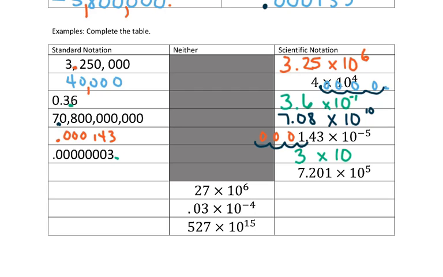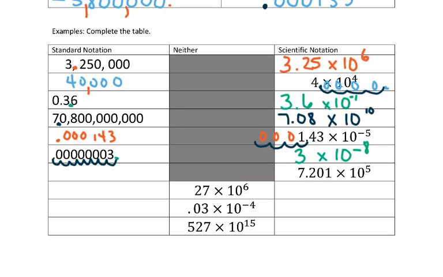This number that I started with is less than 1, so that means my exponent has to be negative. And how many times I moved the decimal, let's count. So it's 1, 2, 3, 4, 5, 6, 7, 8 times. So that means that this value is 8 for my exponent.